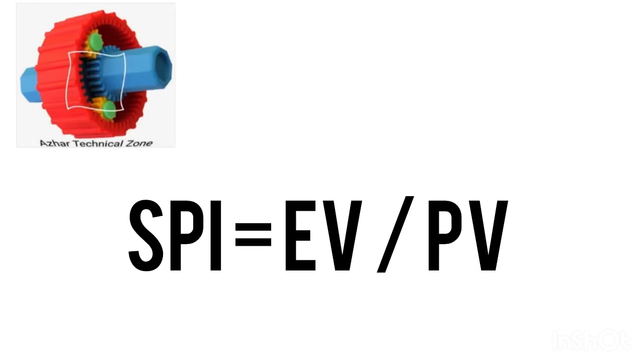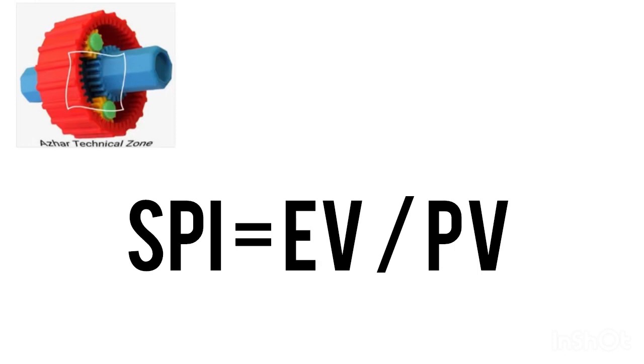To calculate this Schedule Performance Index, there is one mathematical formula which we will use to evaluate the performance of the project. That is, SPI is equal to EV by PV. EV means earned value and PV means planned value.